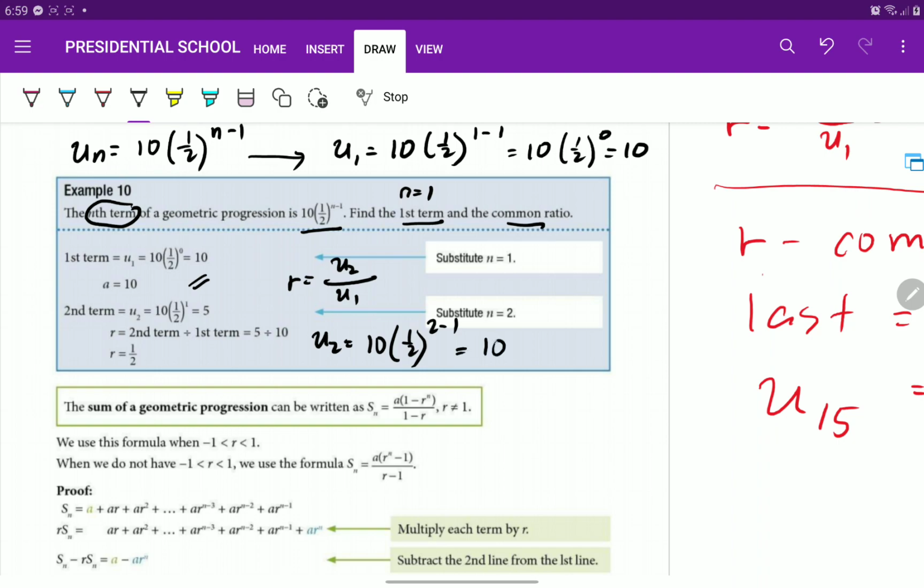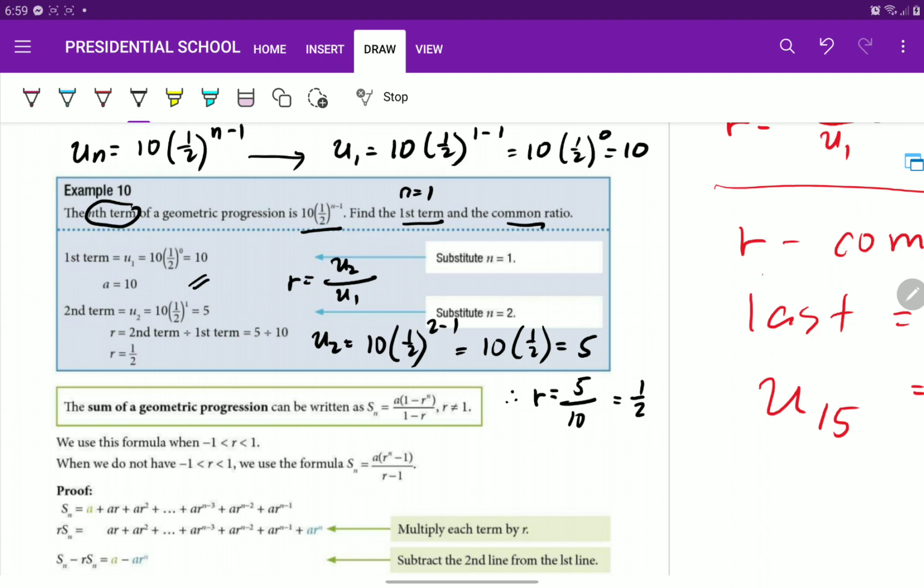So therefore, 10 times 1/2 is equal to 5. So therefore, the common ratio now is equal to the second term over the first term, which is 5 over 10. So therefore, the common ratio is equal to 1 over 2.